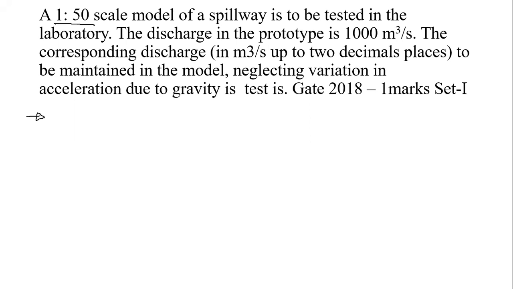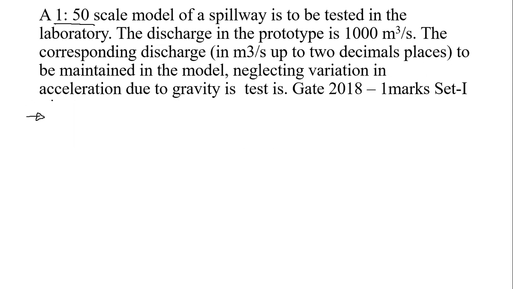A 1 in 50 scale model of a spillway is to be tested in the laboratory. The discharge in the prototype is 1000 meter cube per second. The corresponding discharge in meter cube per second, up to 2 decimal places, means we have to maintain 2 decimal points in the model.